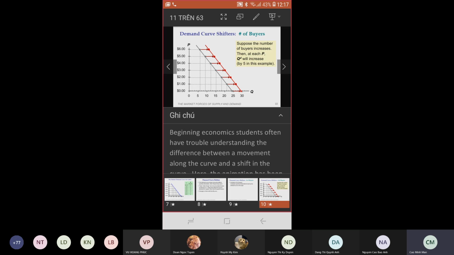Do you see that? The demand curve shifts to the right.